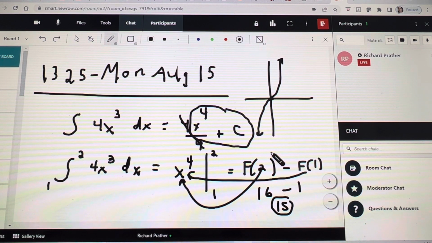If you plug in 1 cubed is 1 times 4 is 4. So at the coordinate 1, 4, and then if you plug 2 in, 2 cubed is 8 times 4 is 32. So 2, 32.